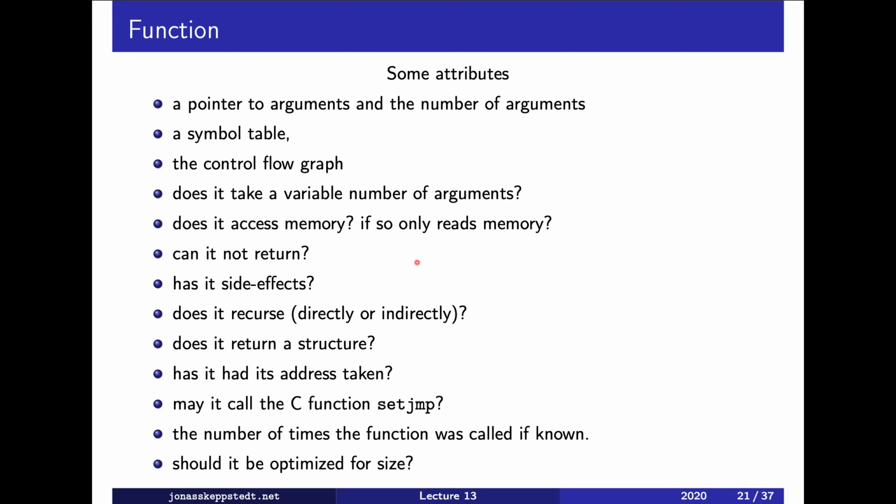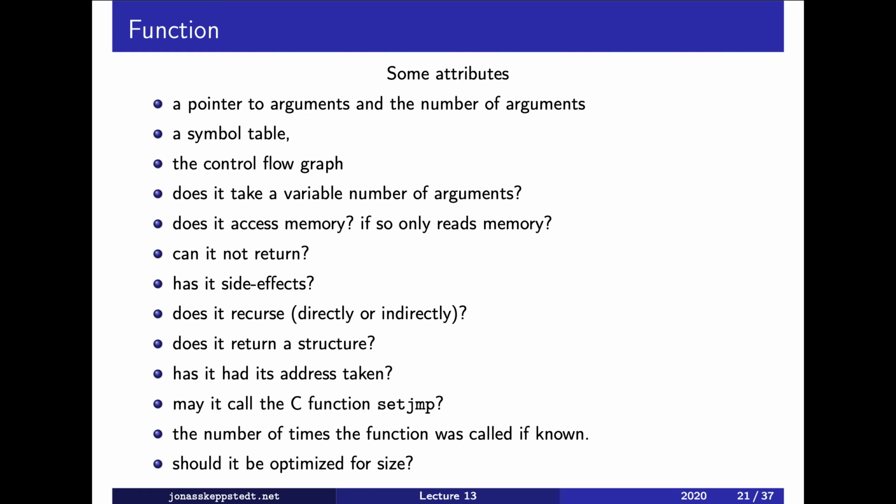Okay, another thing which is important, does it return a structure? How can we return a structure? Well, if the structure is small enough that it fits, for instance, in 2 integer registers, then that is often used to put them there.